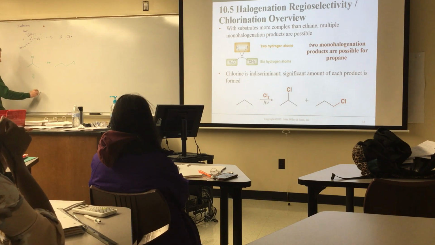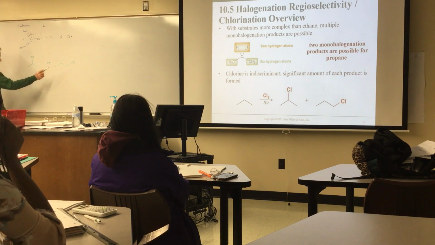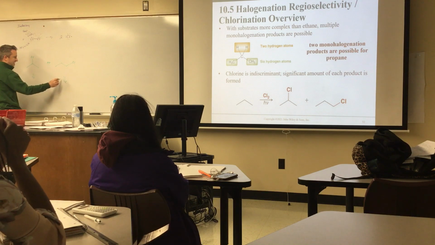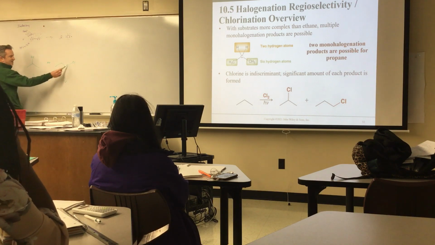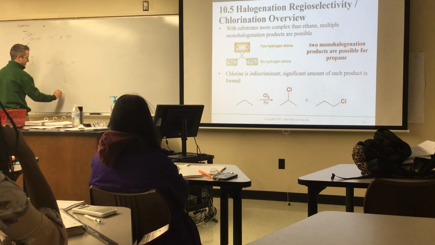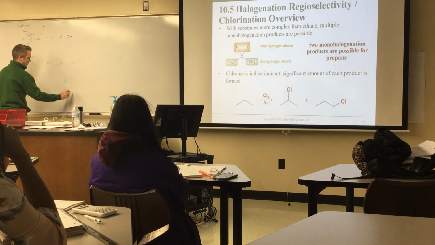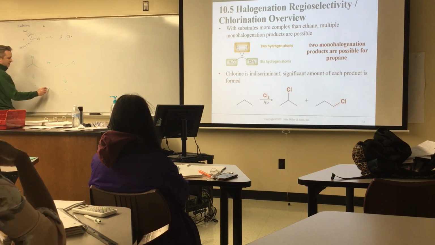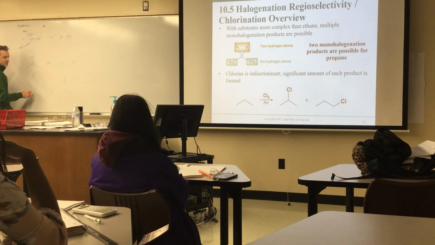Where's that chlorine attached? The primary. Yeah, primary. And which one of these is the most stable? The first one. That's right, the secondary is the one that's the most stable.